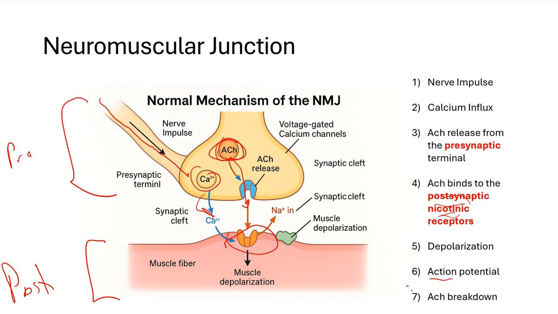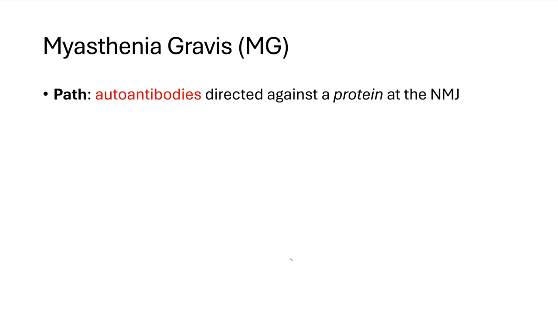This ends with breaking down the acetylcholine by an enzyme known as acetylcholinesterase, which rapidly breaks down acetylcholine in the cleft, terminating the signal. Understanding these 7 steps is important to understand both of these diseases, especially number 3 and number 4. So let's first discuss the pathology of myasthenia.